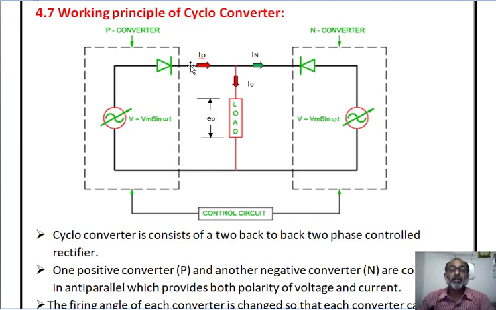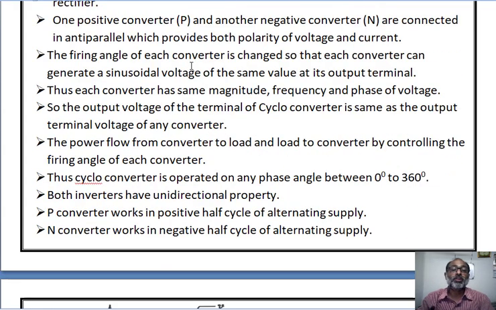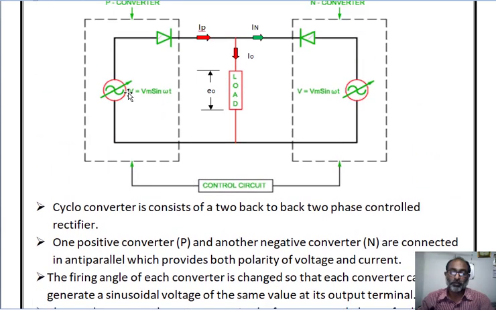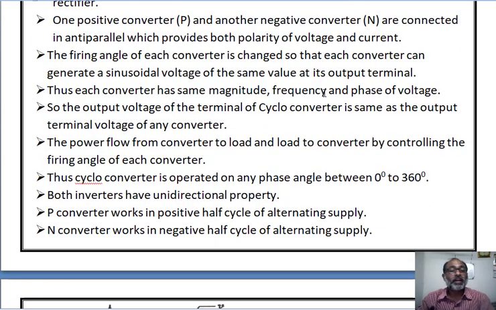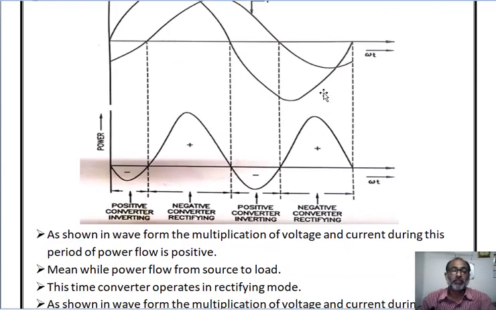The P type converter works in the positive half cycle of the alternating input, and the N type converter works in the negative half cycle of the alternating supply.